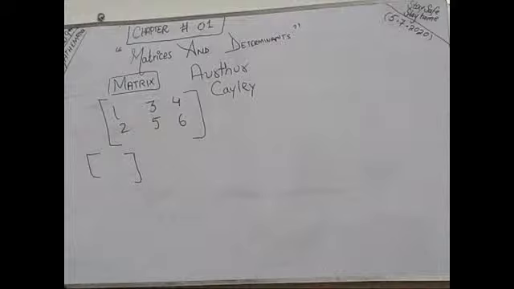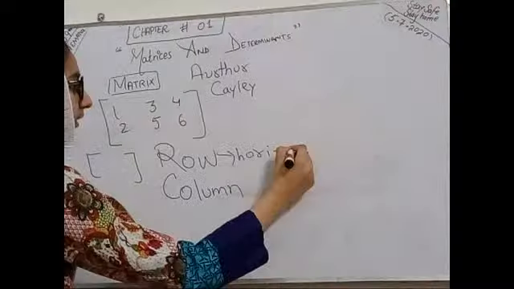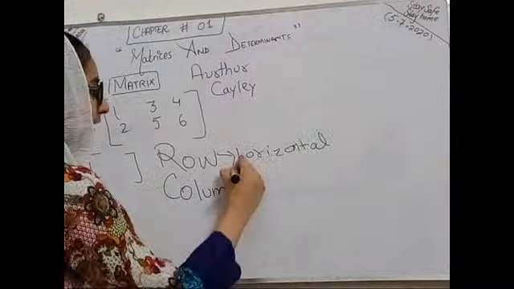First of all, the most important thing we should know about a matrix is its row and column. मैट्रिक्स में रो और कॉलम क्या होता है? जो एंट्रीज हॉरिजॉन्टल वे में प्रेजेंट होती हैं मैट्रिक्स में उन्हें हम कहते हैं रो, horizontal entries, and the vertical entries are called column.